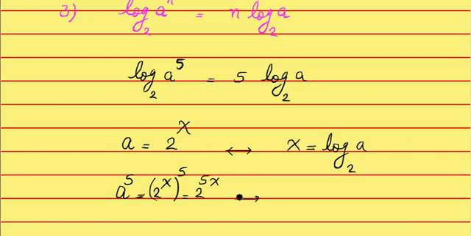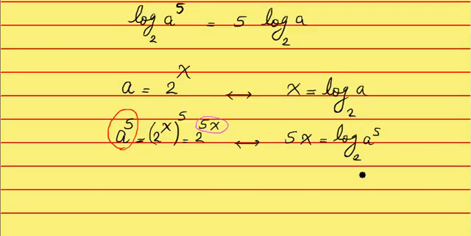Well, what does that say? It says that if I want to take the logarithm of this expression, logarithm of a to the power of 5 in base 2, I would get whatever shows up here. Logarithm of that in this base would be the exponent. So I just write the exponent here, 5x. Now I go ahead and say I already knew what x is.